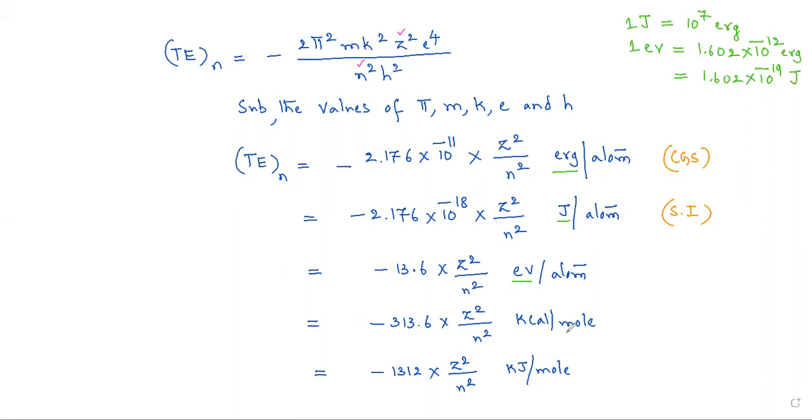Kilo is 10 power 3, but there is something called calories. 1 calorie is equal to 4.184 joules. So these are the different things that you need to know in order to convert the things. Now you can convert things from one another.